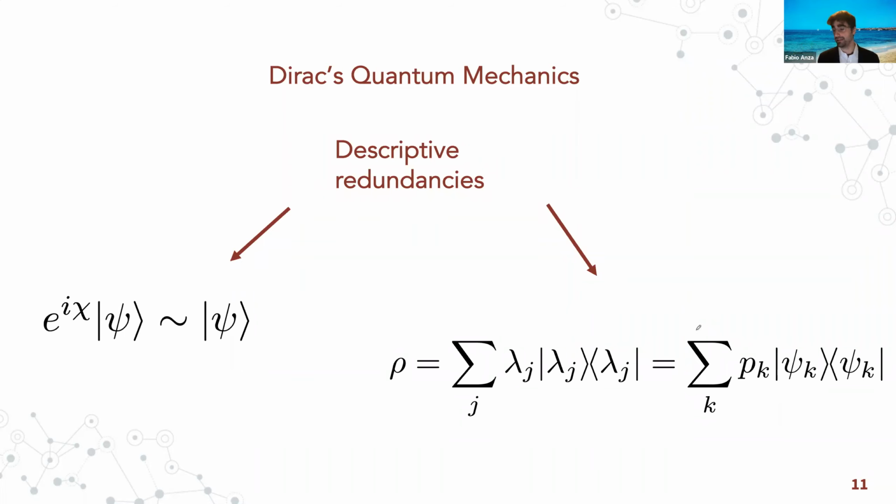We know that any density matrix has, in principle, an infinite number of decompositions that give you the same density matrix. So these are, in some sense, descriptive redundancies, some additional mathematical objects that we might want to get rid of or pinpoint.